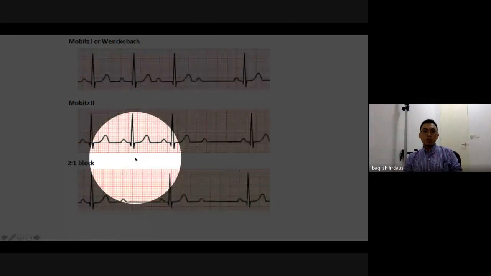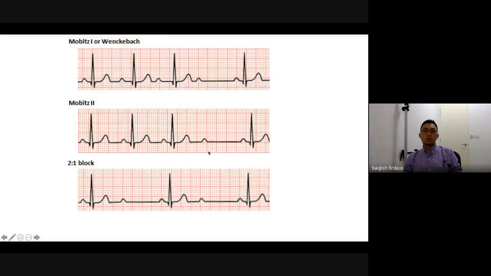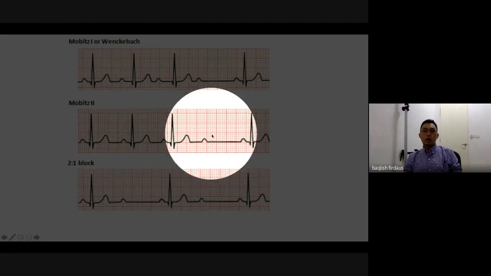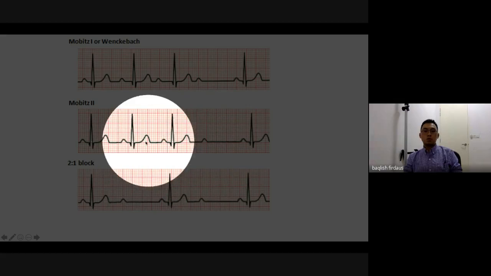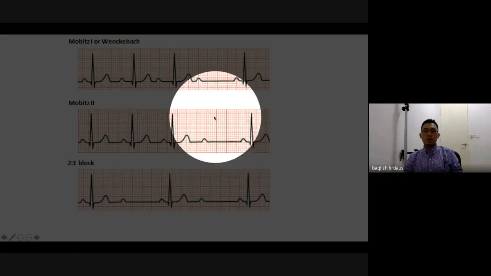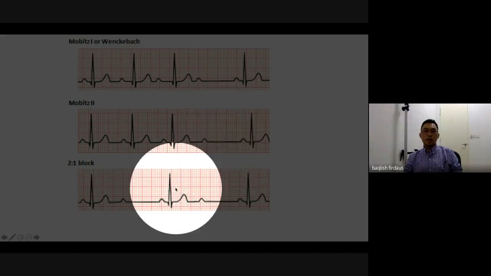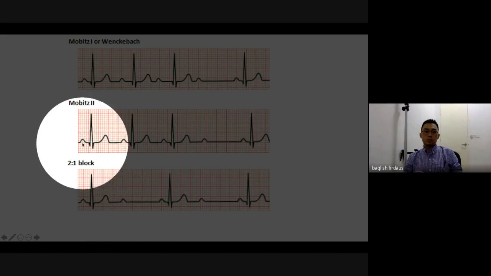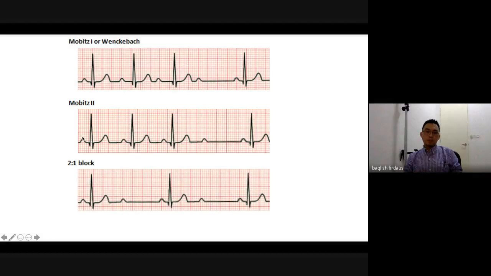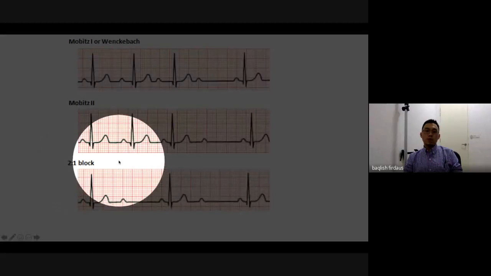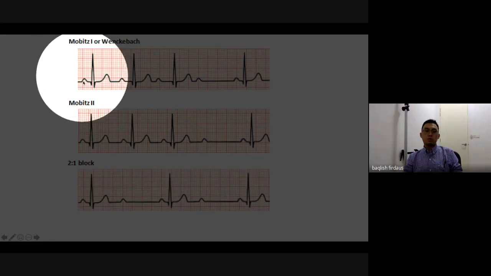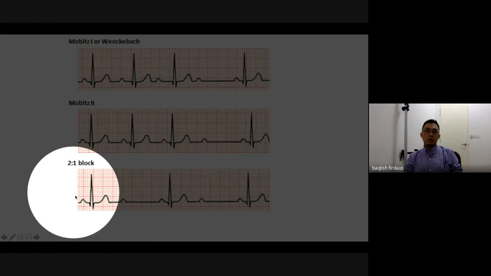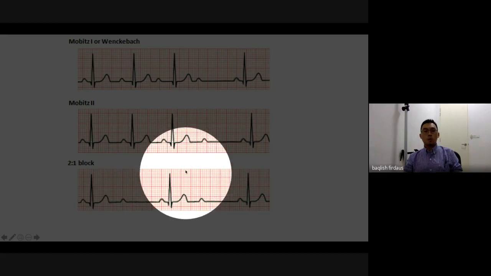Mobitz type 2, there will be a fixed block. Let's say here is 1, 2. So at every 2 QRS complexes, there will be a dropped QRS complex. This is a 2 to 1 block. But some people say for a 2 to 1 block, you cannot classify it as Mobitz 1 or Mobitz 2 because there is no other QRS complex to compare.